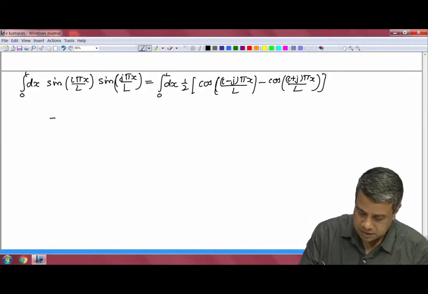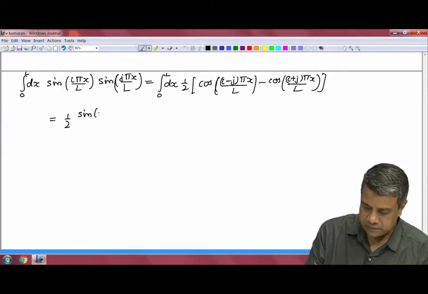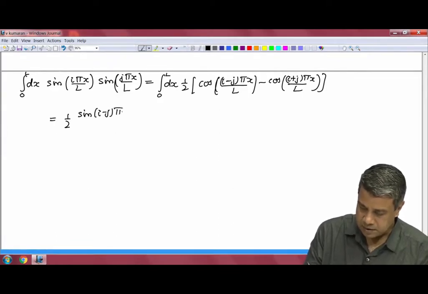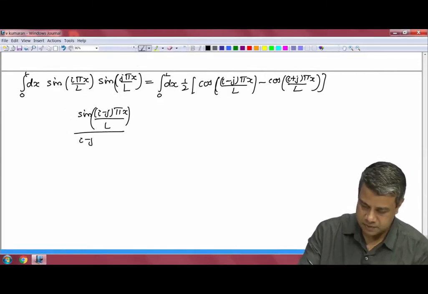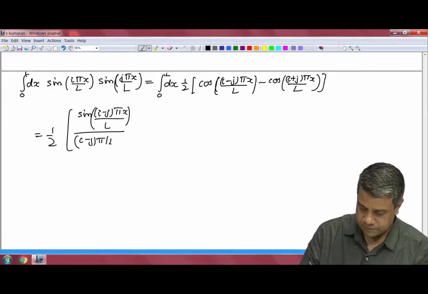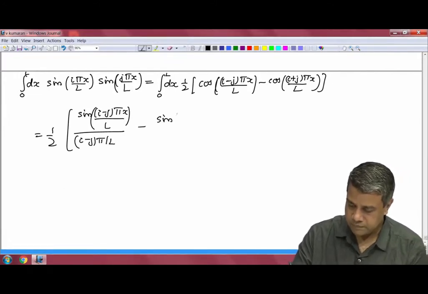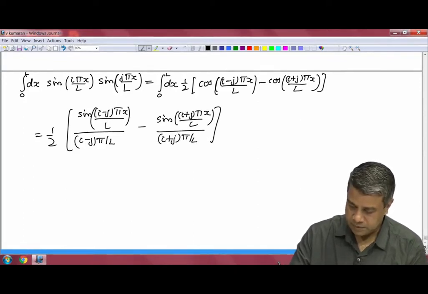So, this I can write as half into sine of (i minus j) pi x by L divided by (i minus j), since the integral of the cos function is the sine function, between 0 and L.